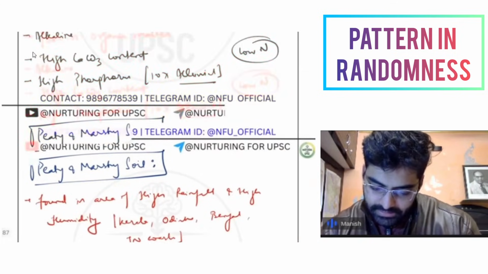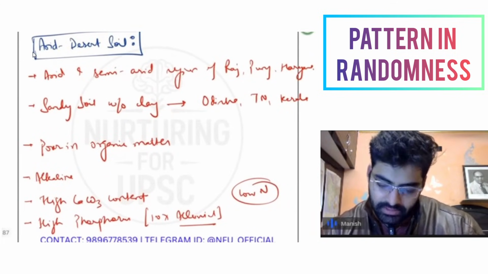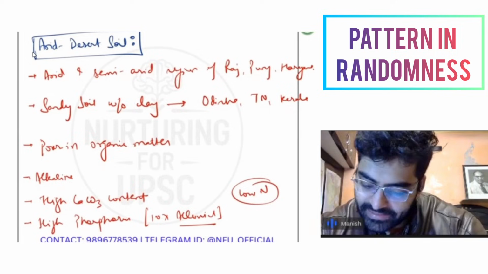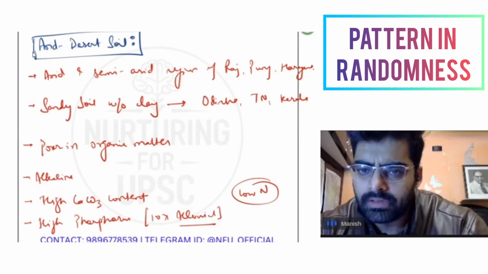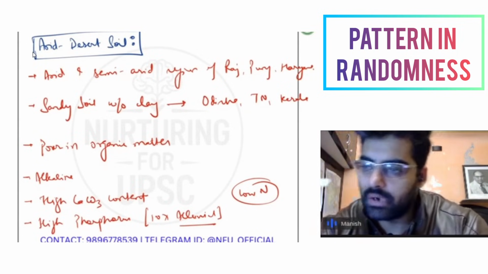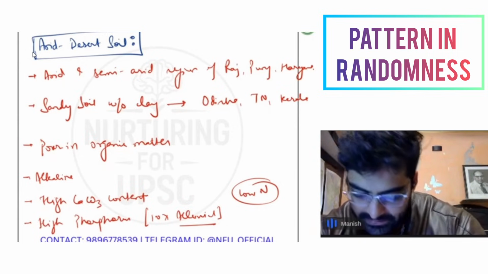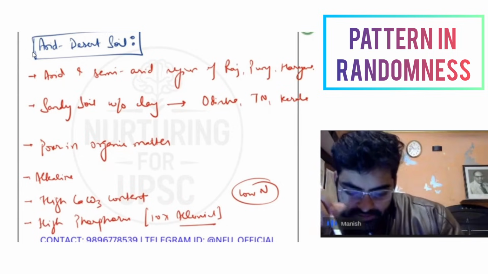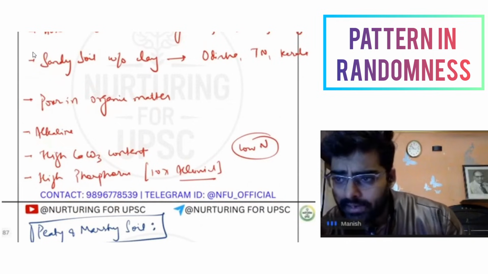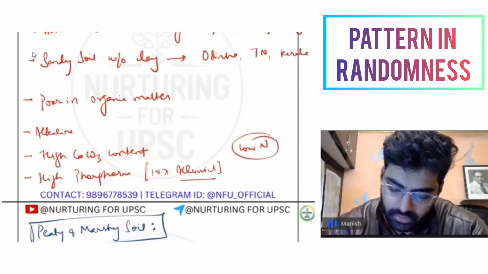And another type of soil is arid or desert soil, and it is found in arid and semi-arid regions of Rajasthan, Punjab, Haryana, and it is sandy soil without clay. Odisha, Tamil Nadu, Kerala are the areas where it is also found. It is poor in organic matter. It is alkaline. So we all know alkalinity.